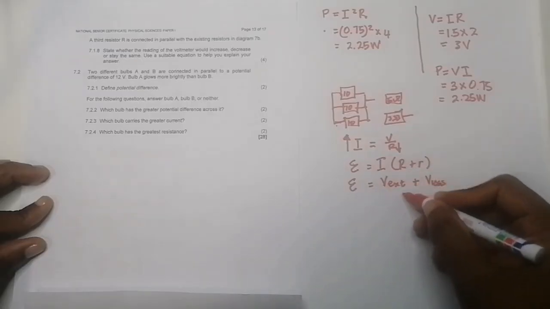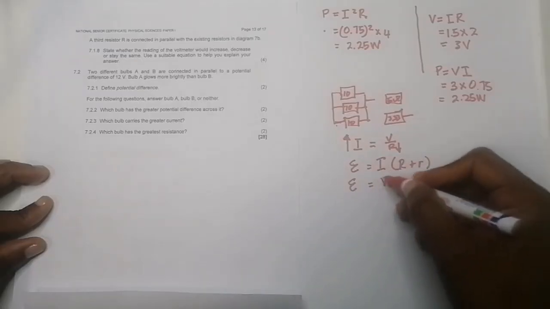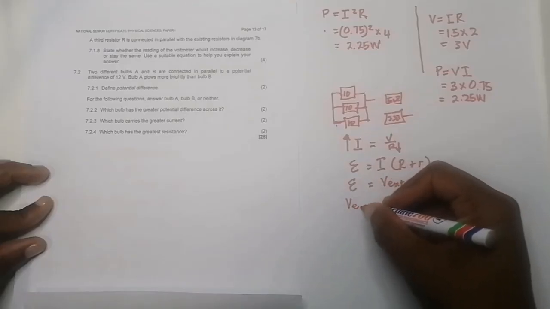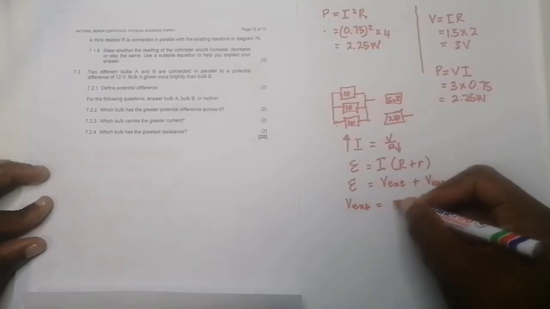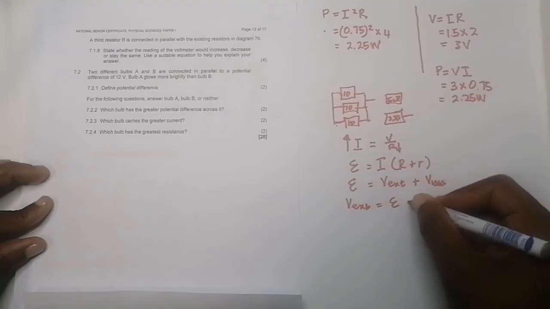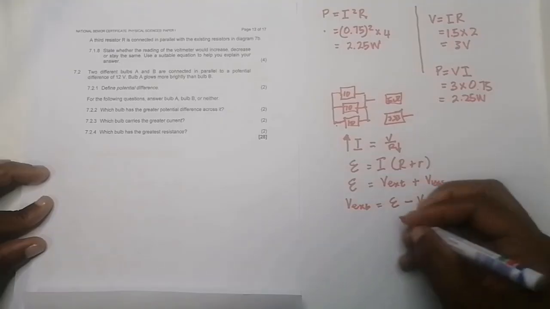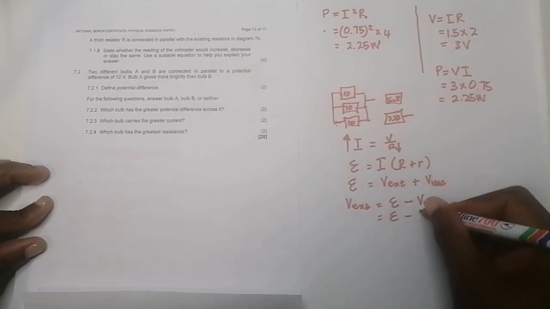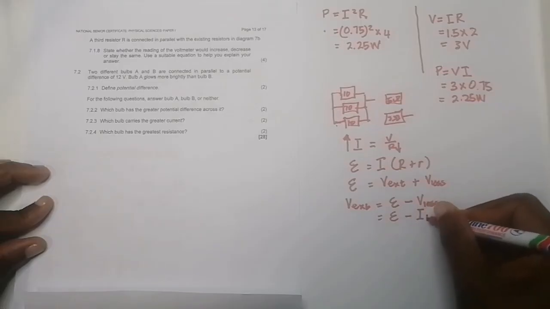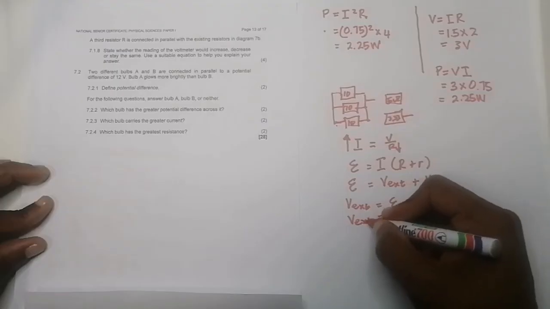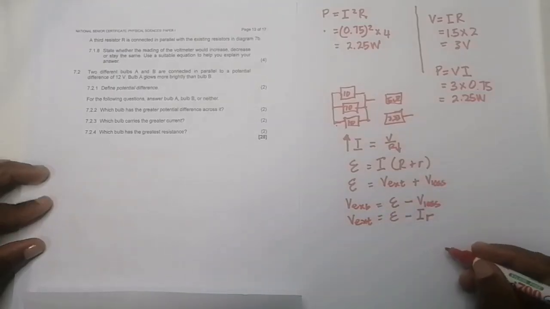What we want to know is how V external will be affected. So let's rearrange this formula. V external would be equal to EMF minus V loss. And V loss, remember, is I total multiplied by R internal. Please stay with me because I want you to understand this quite nicely.